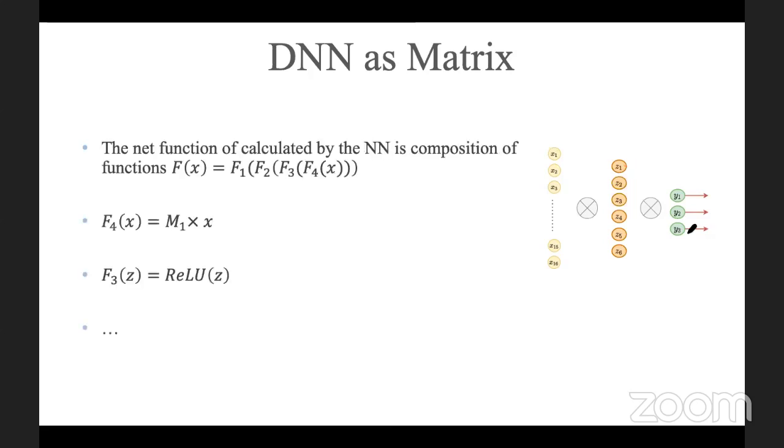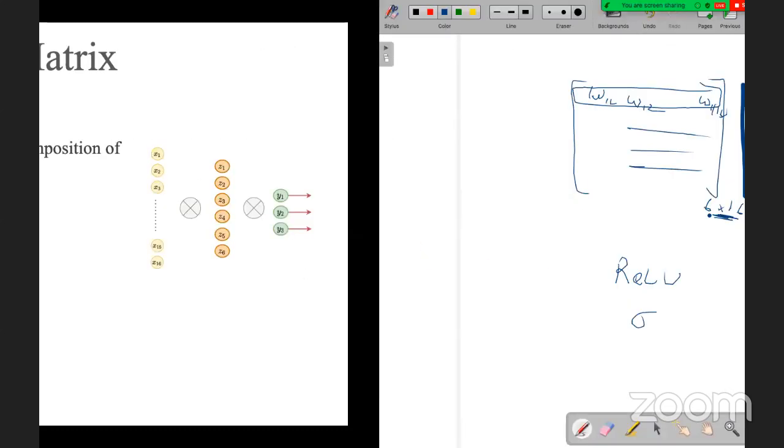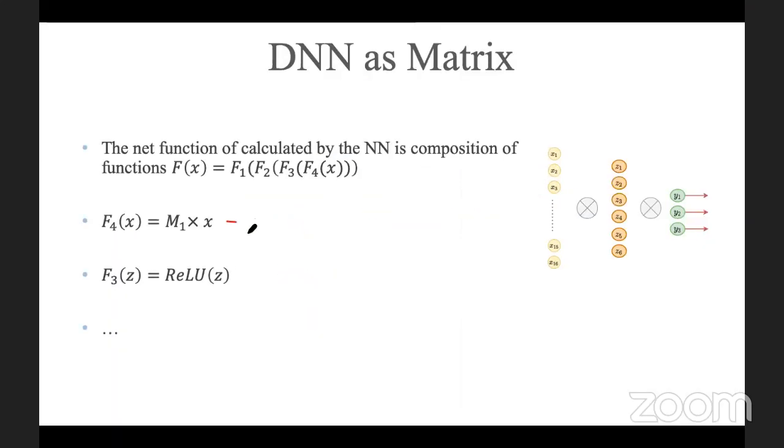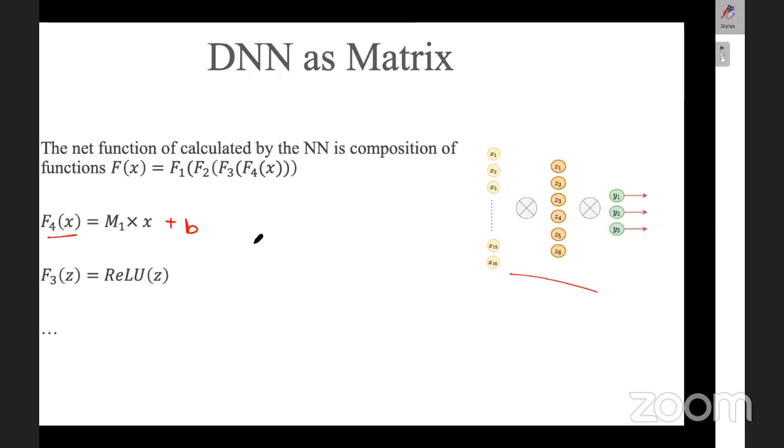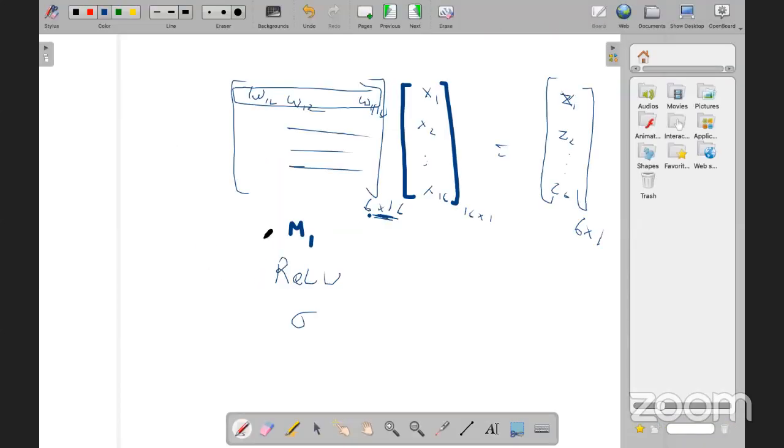The final thing, as I told you initially, is that this is calculating a function. Let's call this matrix M1, and I also add the bias here. This network is basically doing F1, F2, F3, F4 of X. F4 of X will multiply this matrix and add the bias.